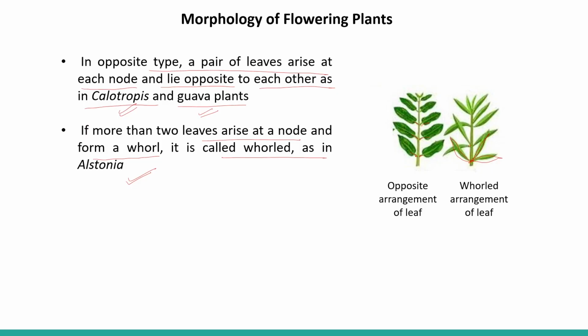So if more than two leaves are attached to the node of the branch, then that is called whorled arrangement. Example is Alstonia, very, very important. So remember the name of the particular species of the plant which possesses alternate arrangement, opposite arrangement and whorled arrangement.